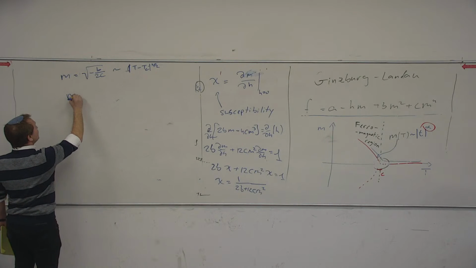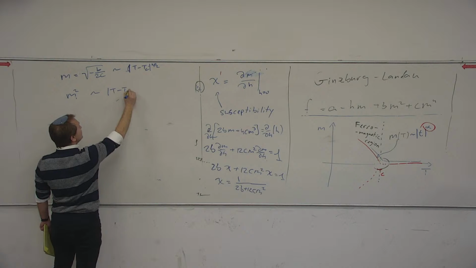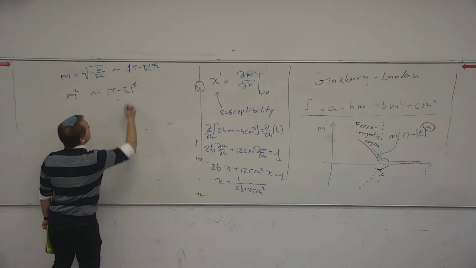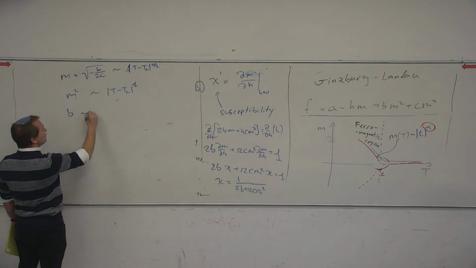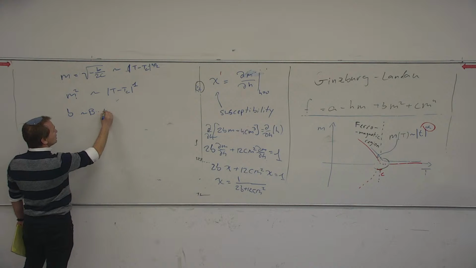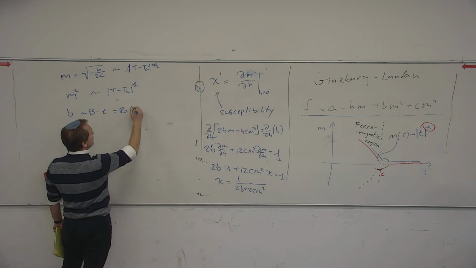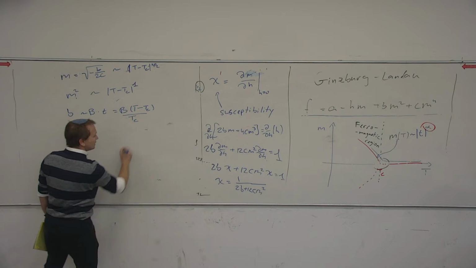So m squared is proportional to t minus tc to the first power. And b, we already know, is b multiplied by dt, which equals b times t minus tc divided by tc.